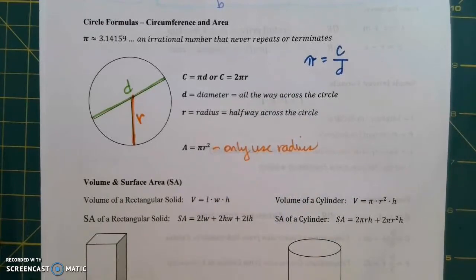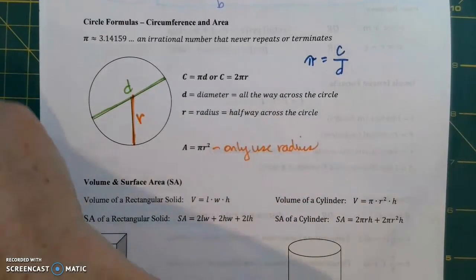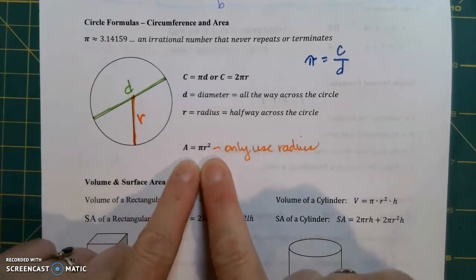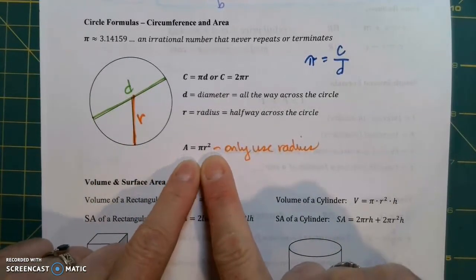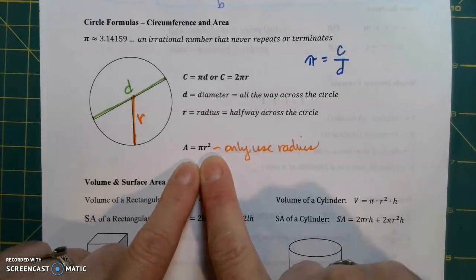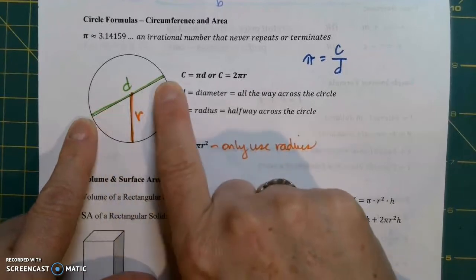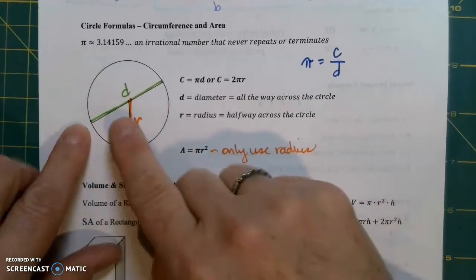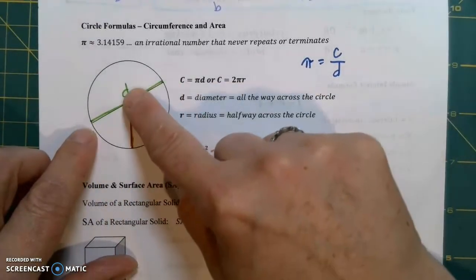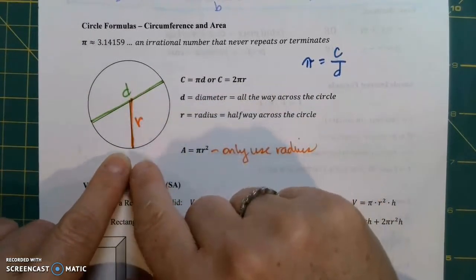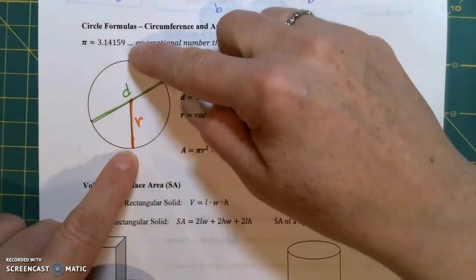So one of the tricks that people sometimes have trouble with in these problems is they forget this fact and they try to find the area with the diameter or vice versa. So make sure that you know which piece you're given. And I would recommend just figuring out, if I've got the diameter, figure out that radius right away. Just cut it in half. If you know the radius, figure out that diameter right away by doubling it.